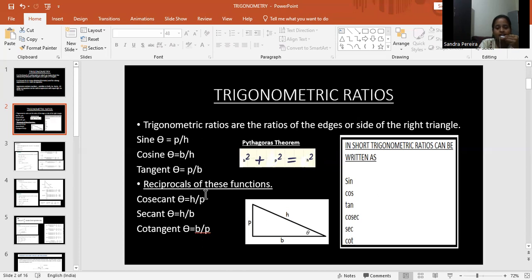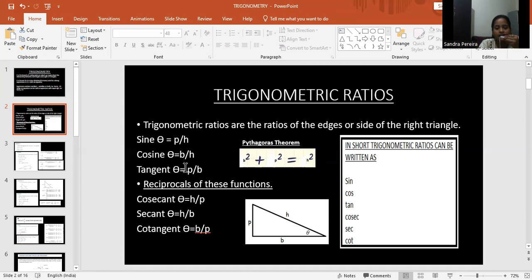For remembering these ratios, one of the tricks is given. This is P Pandit, P Badri, P Prasad, H Hari, H Hari, B Bol. Means Pandit, Badri, Prasad, Hari Bol.